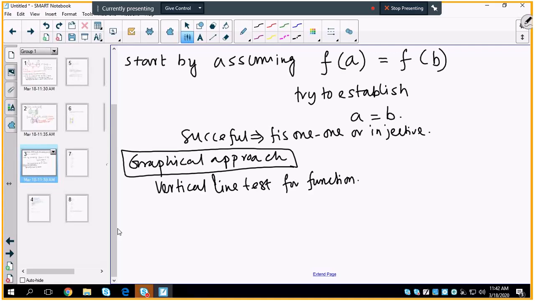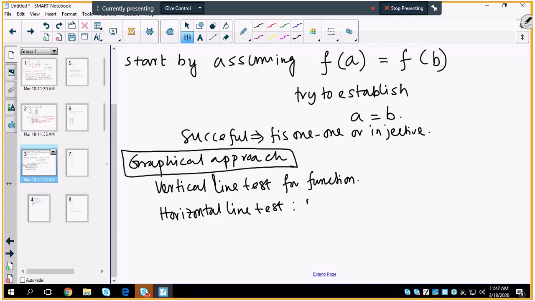So what is the check? The check is the horizontal line test. And it is essentially going to check whether I have two different inputs giving me the same output, or the same height sitting on the horizontal line.